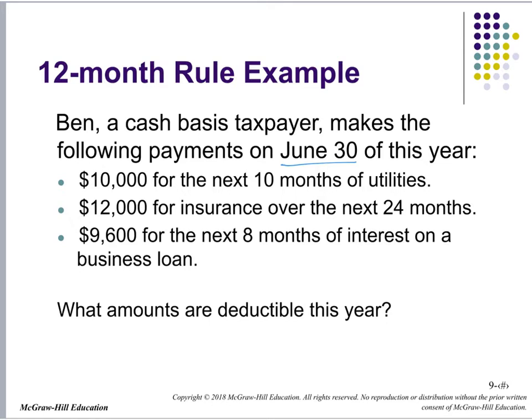He pays $10,000 for the next 10 months of utilities. He pays $12,000 for insurance over the next 24 months. And he pays $9,600 for the next 8 months of interest on a business loan. So we have to decide what Ben can deduct.